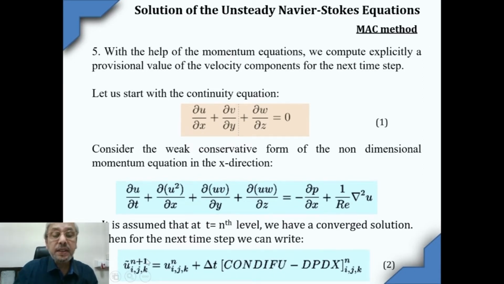And since this is provisionally calculated, not converged as yet, we'll call this u the provisional u, and that is why together with n plus 1 we will use this tilde. So this is equation 2.